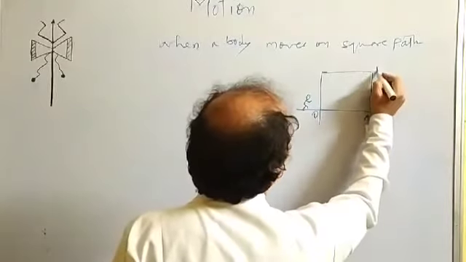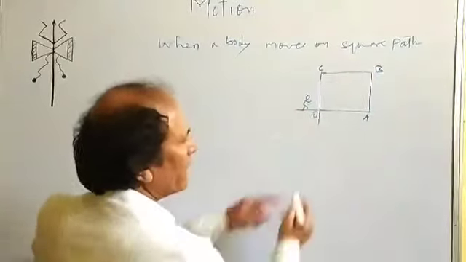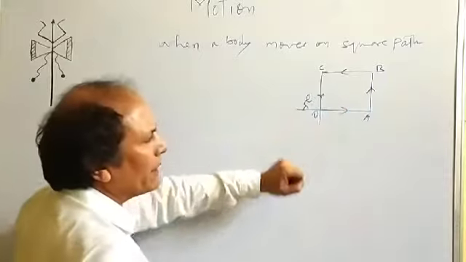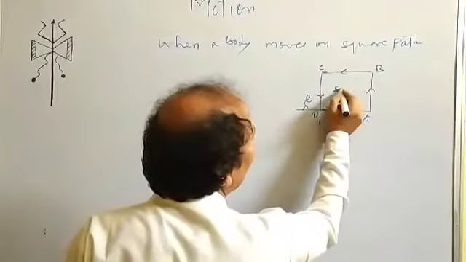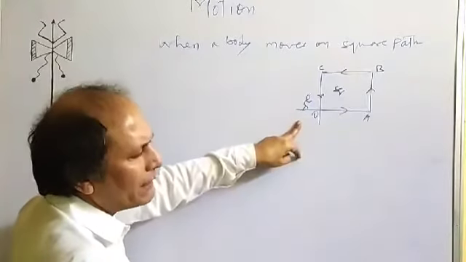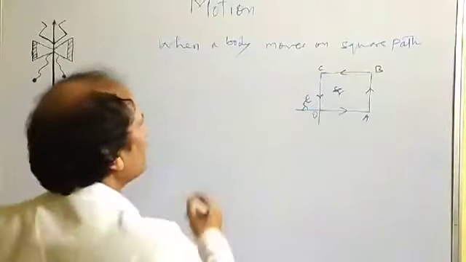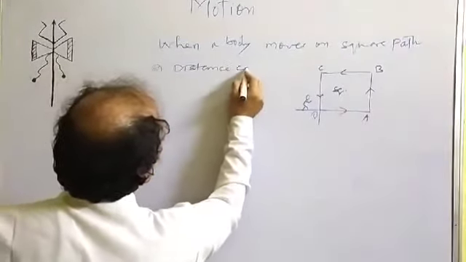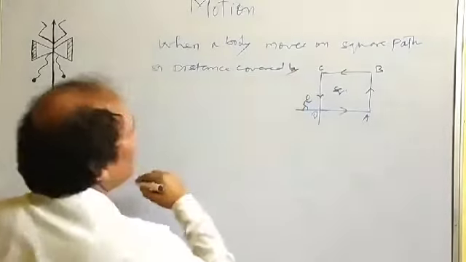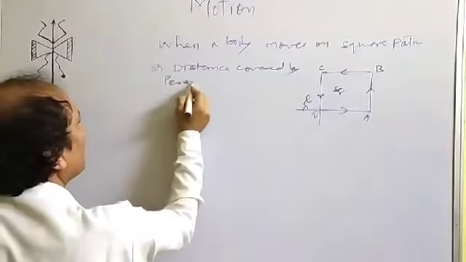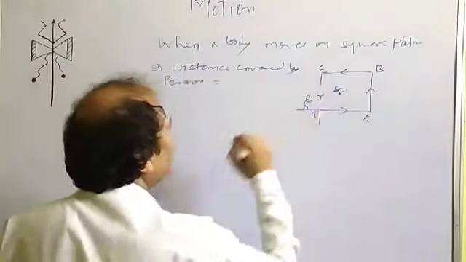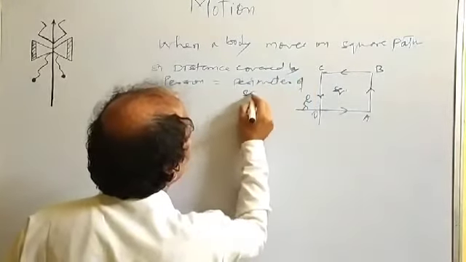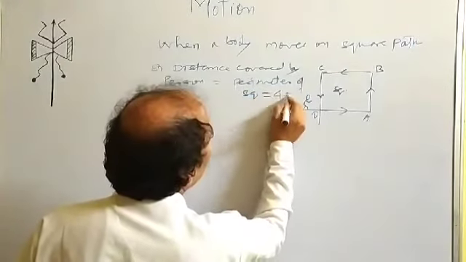It goes from O to A, A to B, B to C, and C to O. Again it comes here. Because the path is square, the distance covered by this person will be equal to the perimeter of the square. Perimeter of a square means 4 into side.